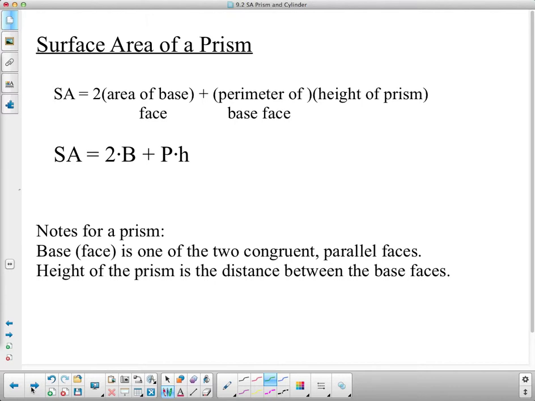Surface area of a prism, we need to take 2 times the area of the base faces. So these are all going to be prisms. Your base faces are going to be parallel and congruent. Maybe it's triangles, maybe it's hexagons, maybe it's rectangles.